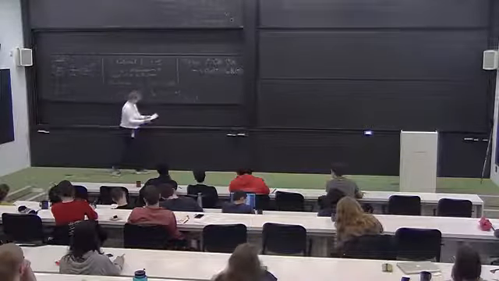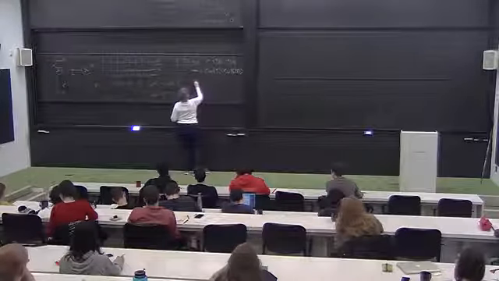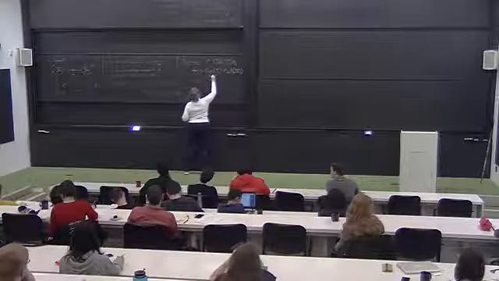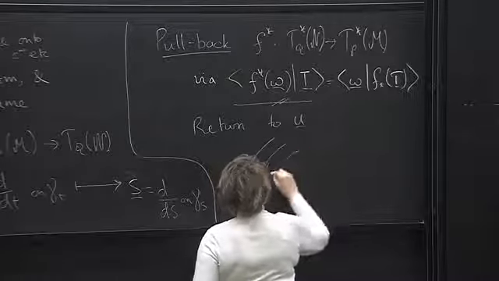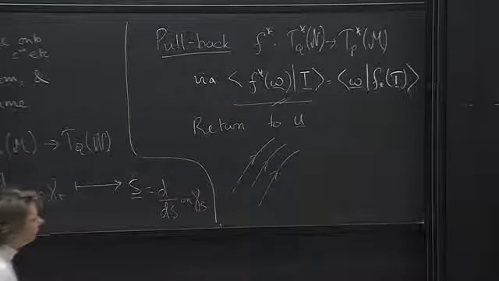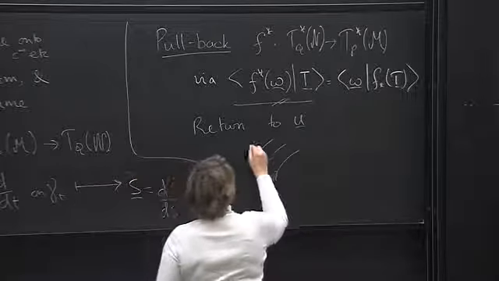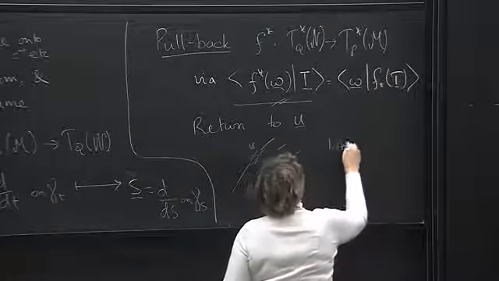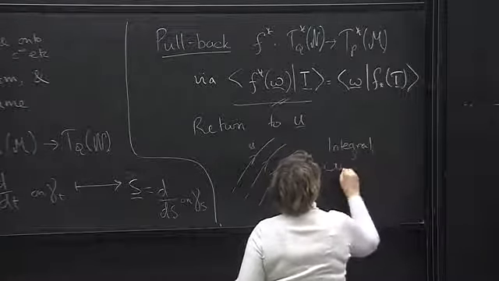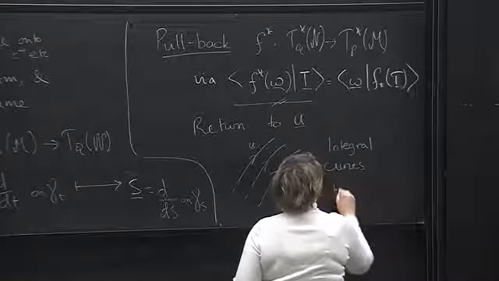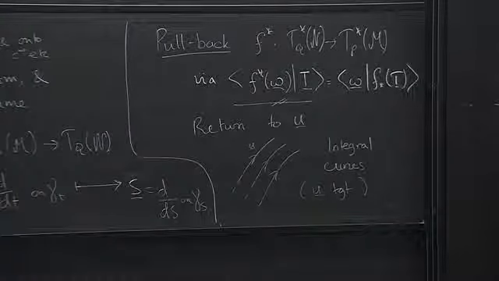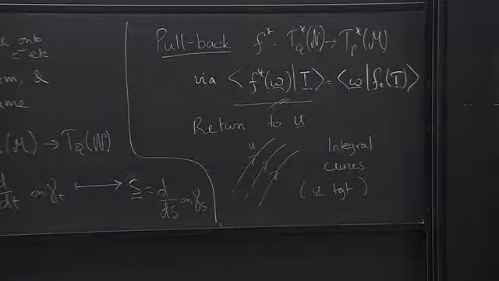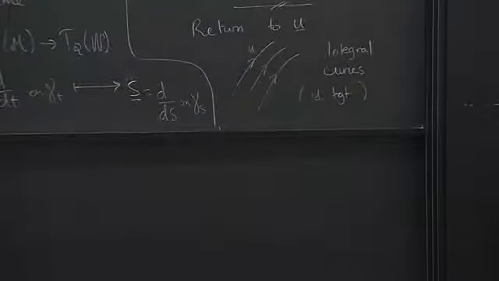So just to draw a picture, so let's suppose we have this vector field U, and we have this set of curves, and these are called integral curves, and that just means that everywhere on the curve U is a tangent vector. So how does this define a diffeomorphism?